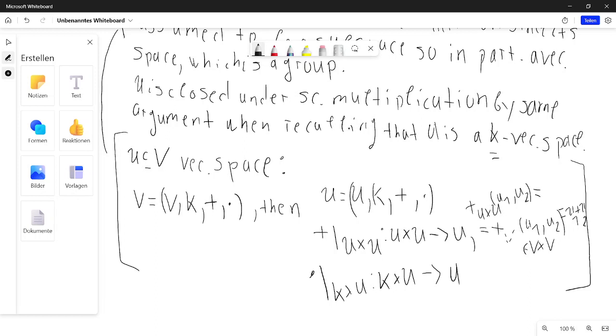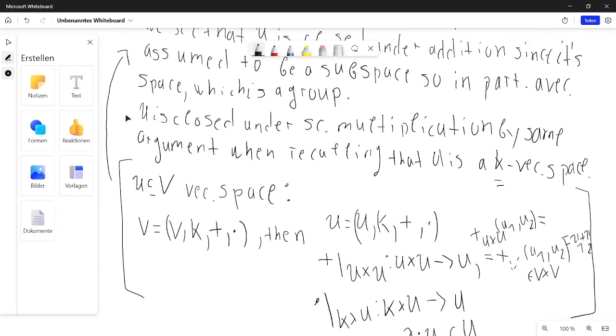Goes in U, and it just takes some lambda and multiplies some element of U with this lambda, and this is an element of U, where this is again scalar multiplication in V. You see, that was just the explanation.